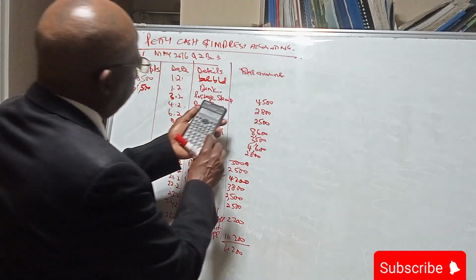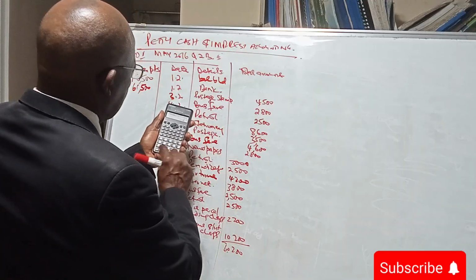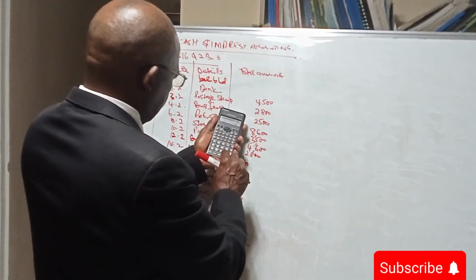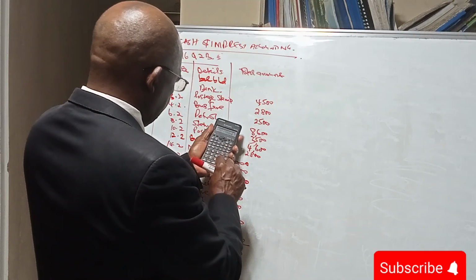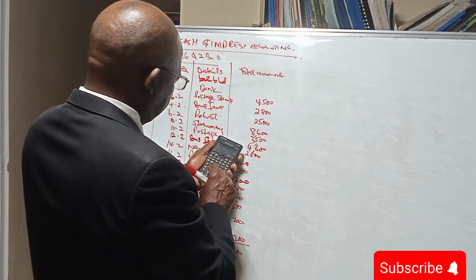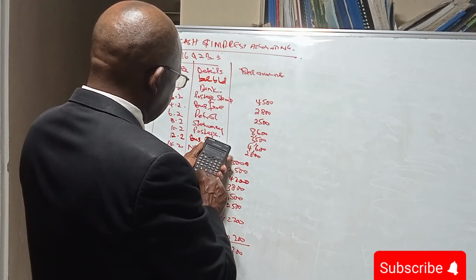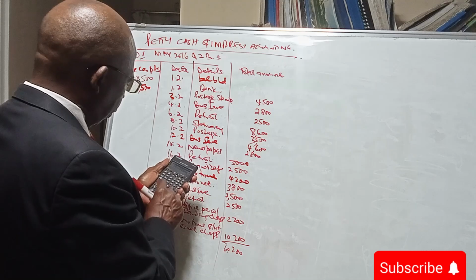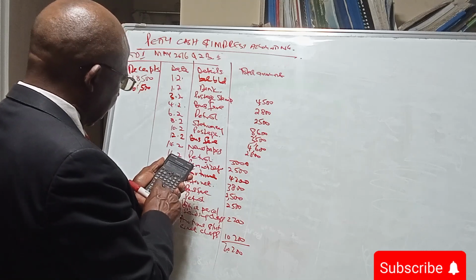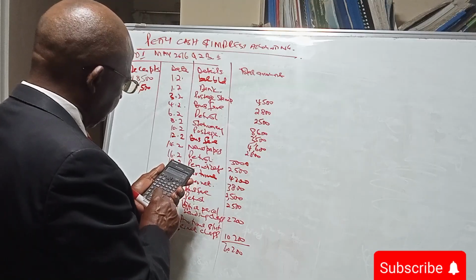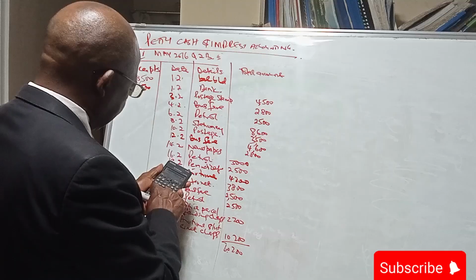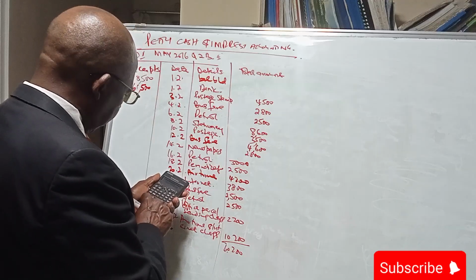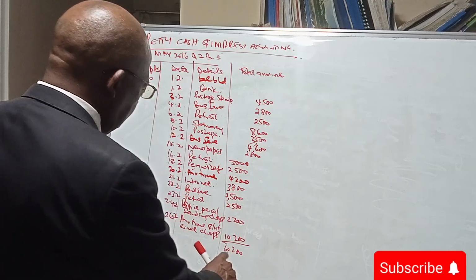Let me repeat again: 4,500 plus 2,800 plus 2,500 plus 2,500 plus 8,600 plus 3,500 plus 4,600 plus 2,800 plus 5,500 plus 4,200 plus 3,800 plus 5,000, 7,200, 7,200 plus 10,200. We get 60,200.